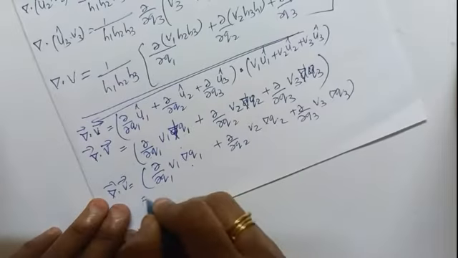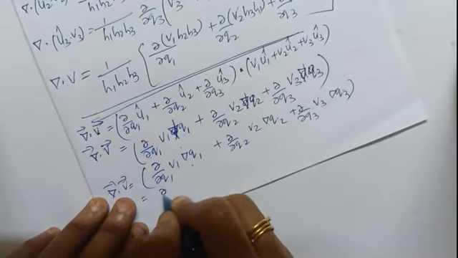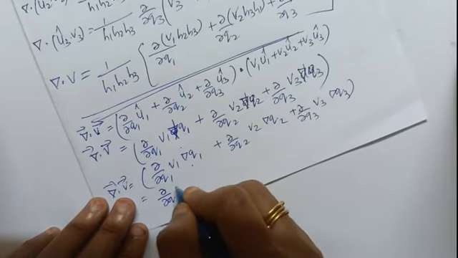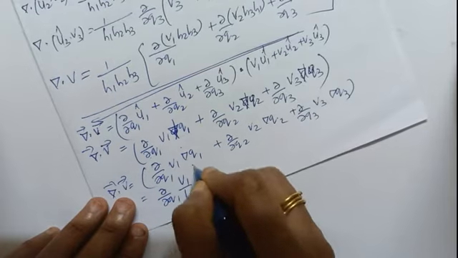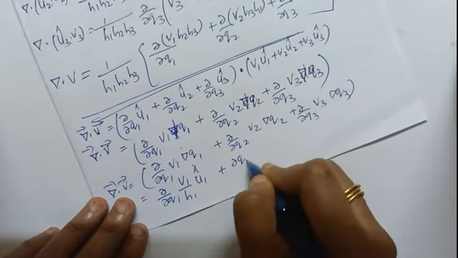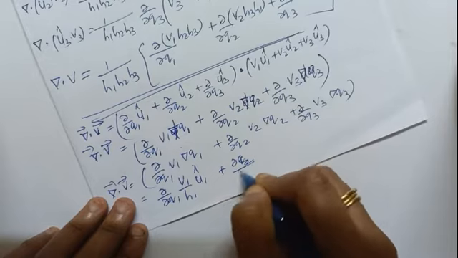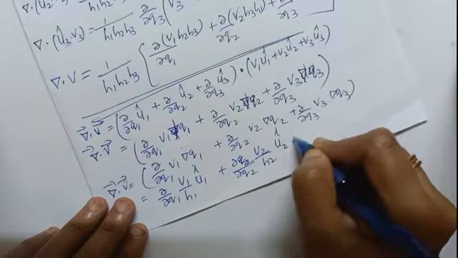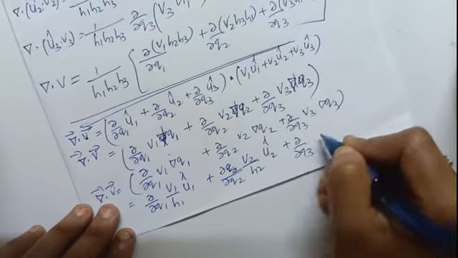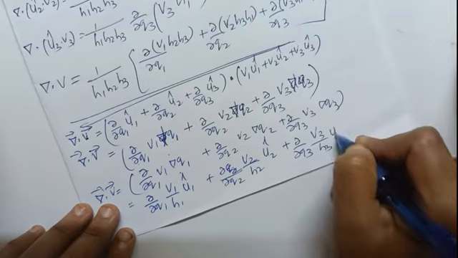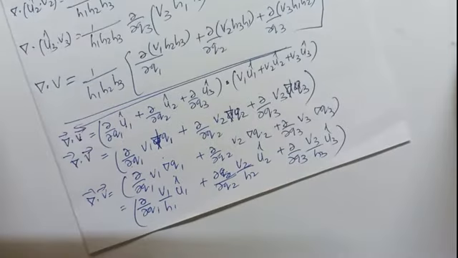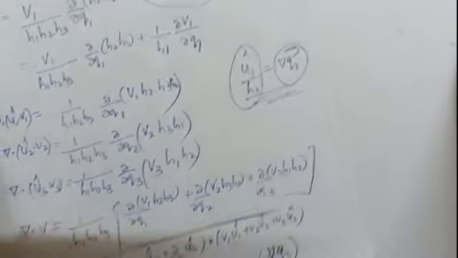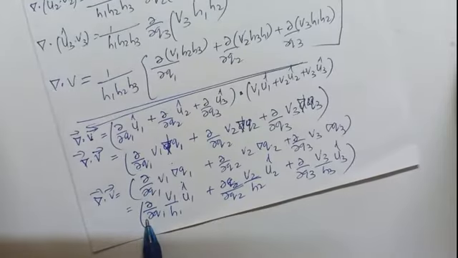When we substitute, we get ∂/∂q1 of V1 by h1 u1, plus ∂/∂q2 of V2 by h2 u2, plus ∂/∂q3 of V3 by h3 u3. So we have simply replaced with our orthogonal curvilinear properties.